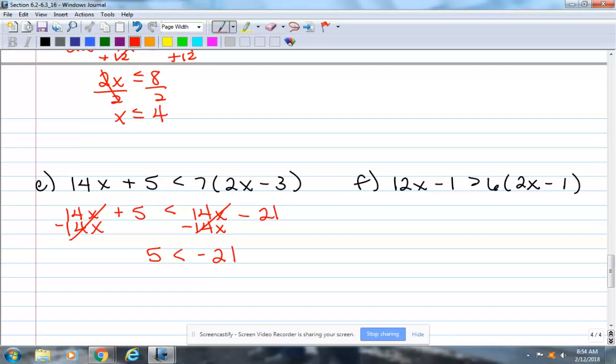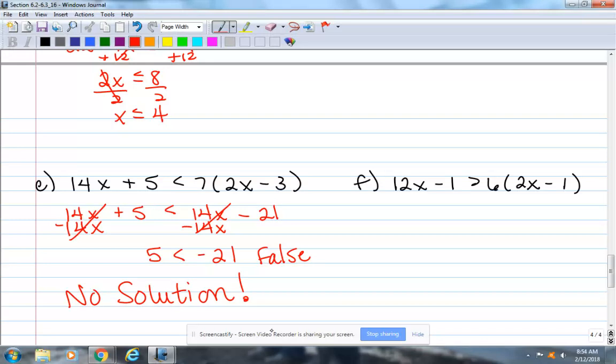So if your variables cancel out, if they all go away, and you write down what's left, and it's a false statement, this is completely false, then you say no solution. If your variables cancel out and you're left with a false inequality, you say no solution.